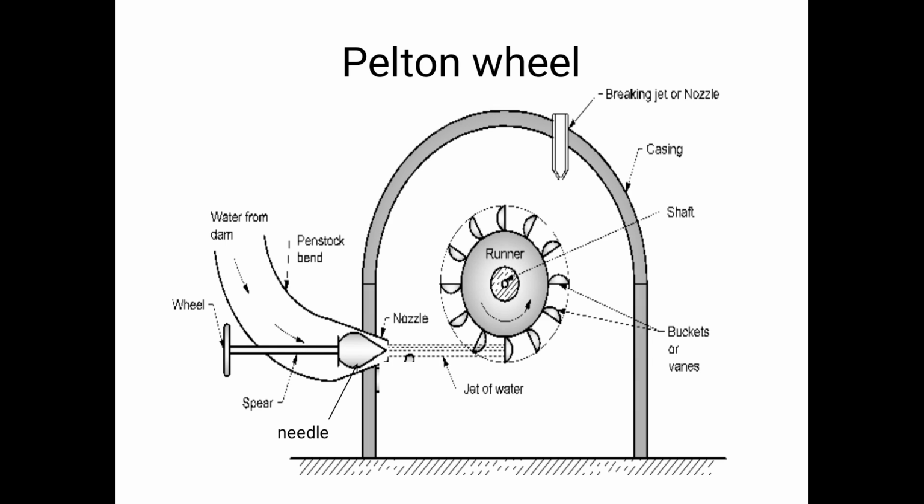Then there is a braking jet or nozzle, which we can see at the top, directed on the back side of the bucket. When the turbine is continuously rotating and the water is continuously supplied, and then the water is stopped from the penstock, if the needle is completely closed, still the turbine will run because of inertia. In this case, it is not feasible to keep rotating the runner, so it should be stopped.